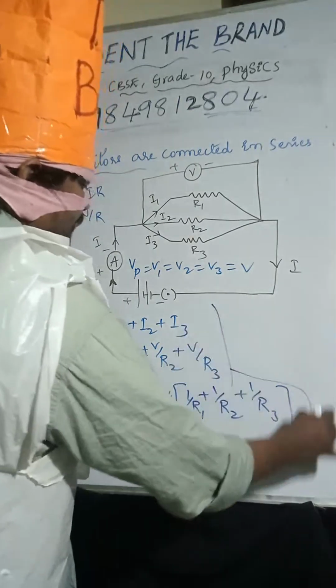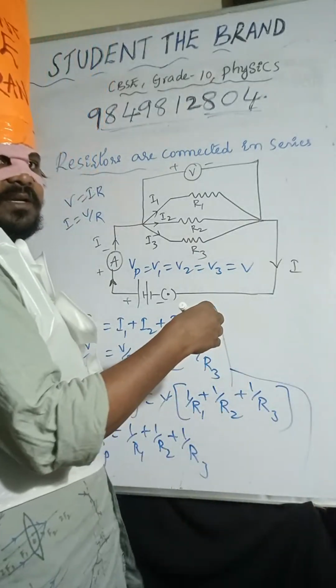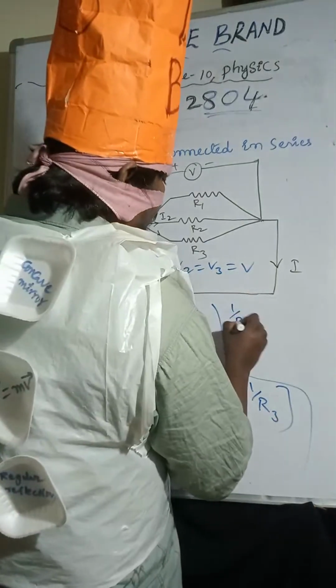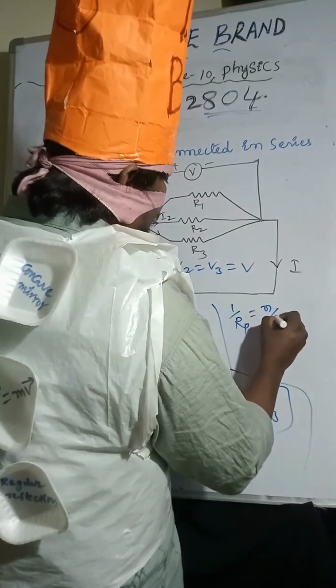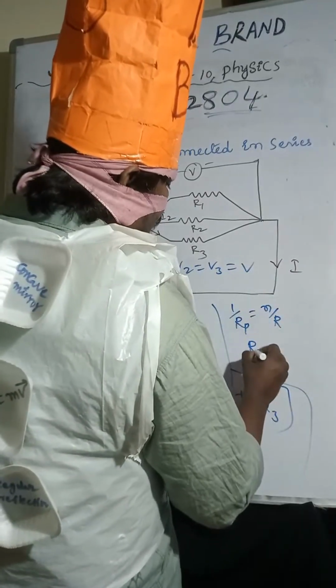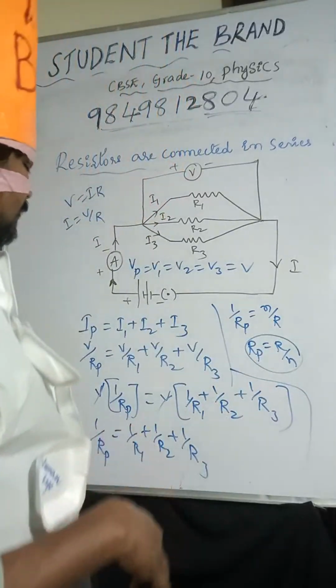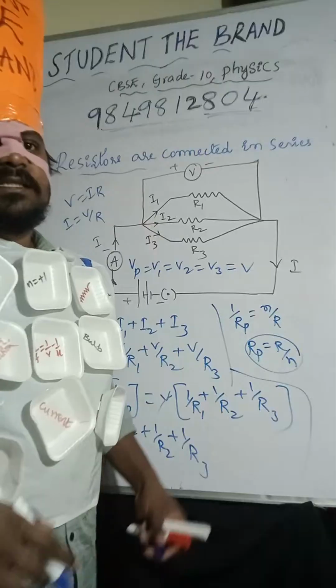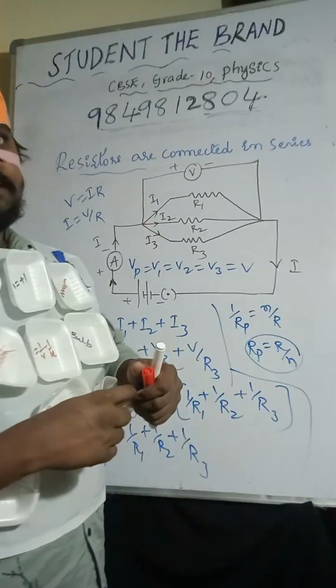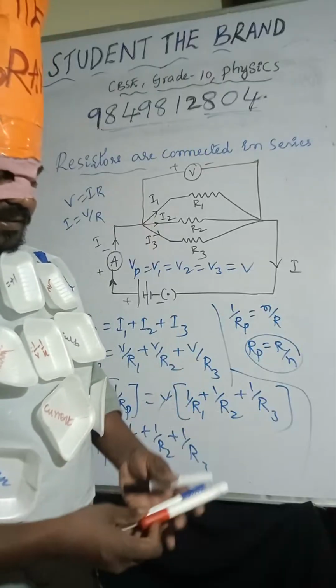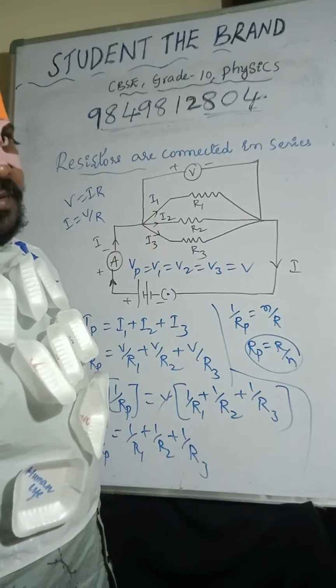If n number of resistors are connected in parallel combination, 1 by Rp equal to n by R, so Rp equal to R by n. This is about resistors connected in parallel combination.